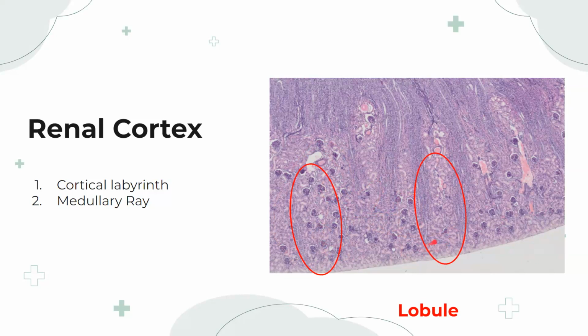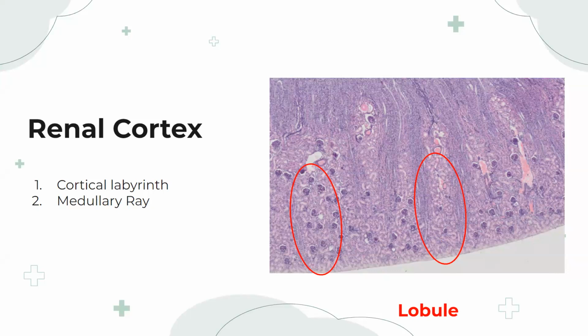The medullary ray is made up of three different things: the pars recta of the proximal tubule, the pars recta of the distal tubule, and the cortical collecting ducts. The pars recta is basically the straight portion of the proximal tubule. You have the glomerulus, the Bowman's capsule, and then immediately after, the convoluted proximal tubule.